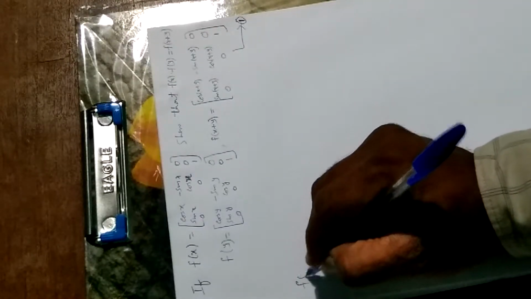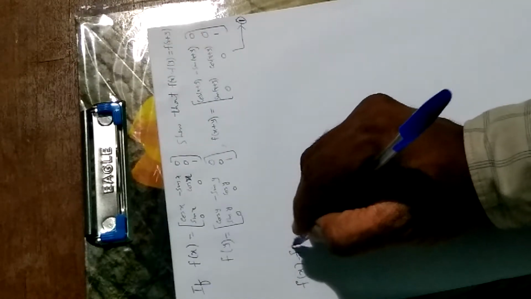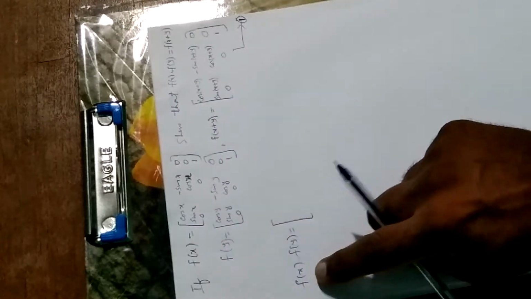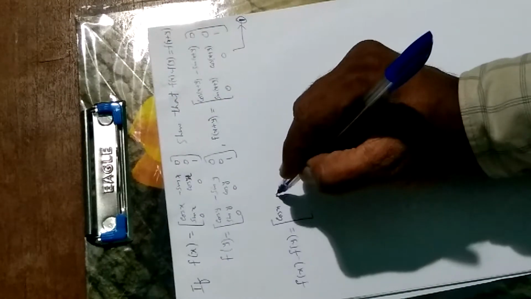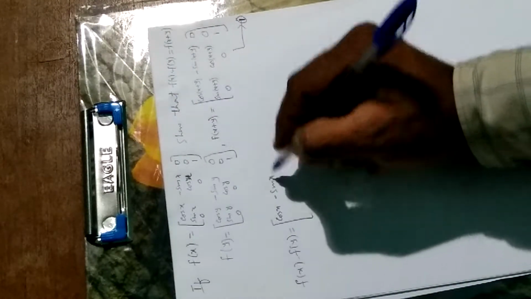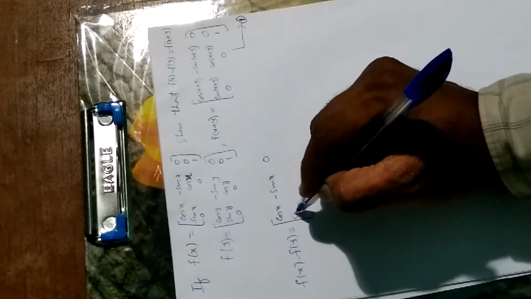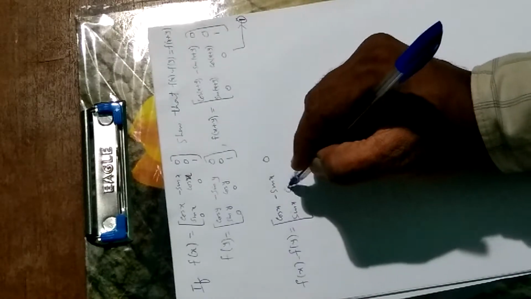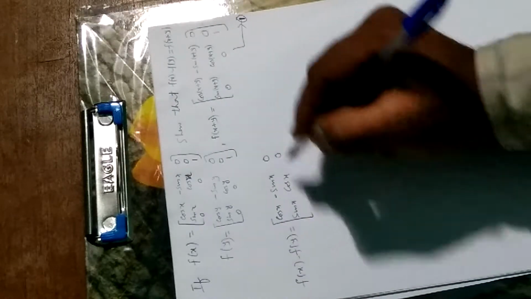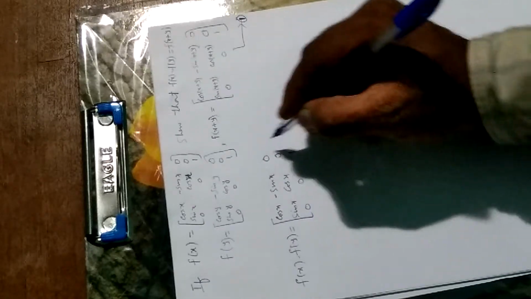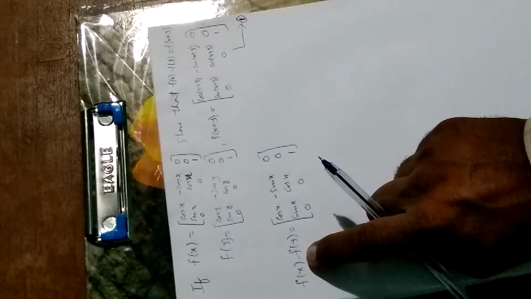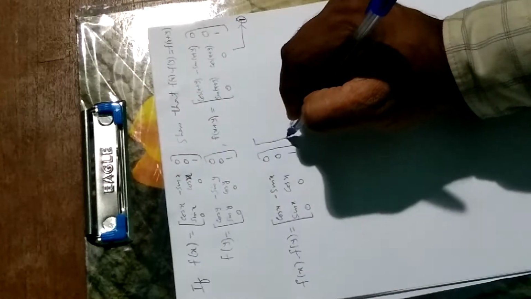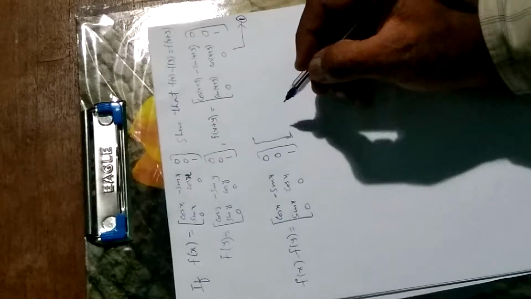For doing f of x into f of y, we have to multiply. First is f of x. Write down f of x, that is cos x, minus sin x, 0, sin x, cos x, 0, 0, 0, 1, multiplied by f of y.